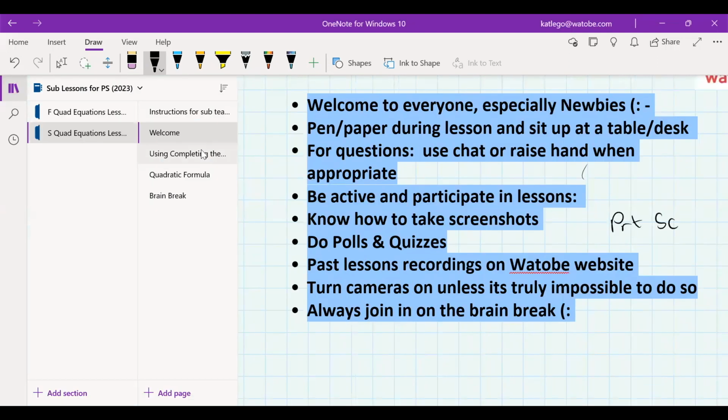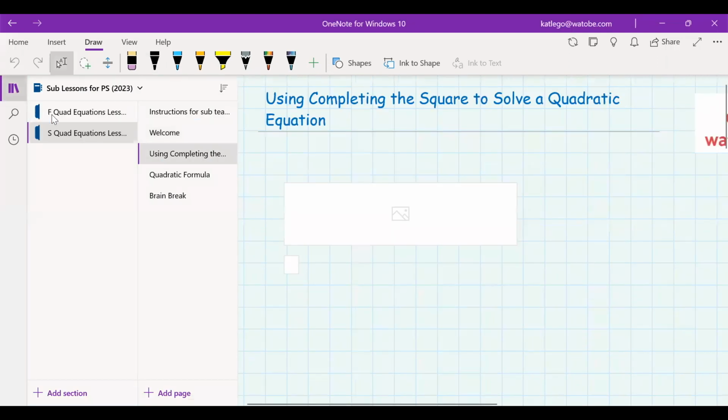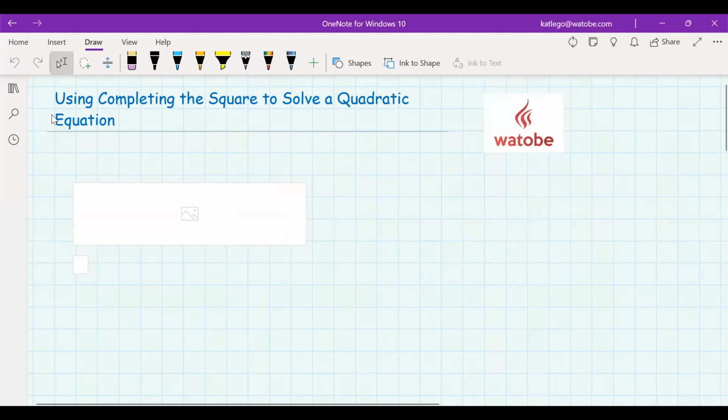I hope so. Okay, let's start with completing the square. Just as an indication in the chat, please let me know if you have done completing the square before or you know how to. Just want to have an indication of if you guys have ever actually seen this before. We started on Monday. Okay, wonderful.